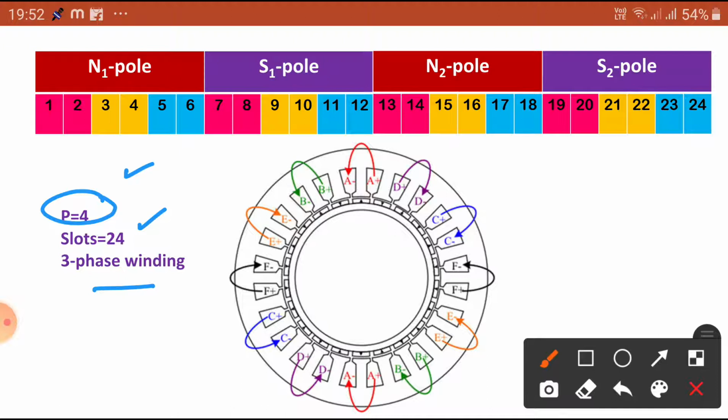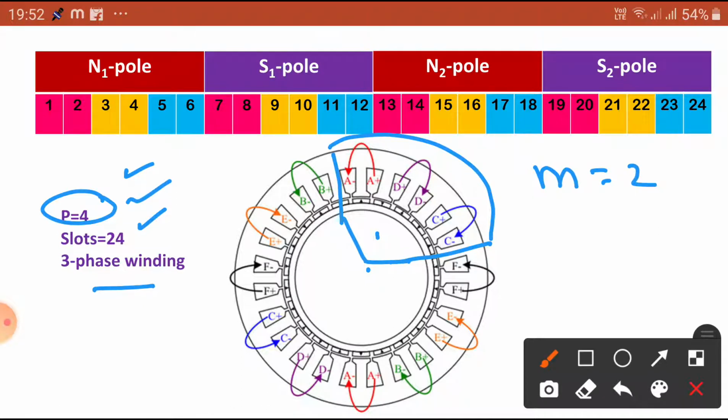Okay. Now, in this case, for example, the 4-pole machine. From this place to this place, let us assume this is one pole influence. Based on these calculations, there are 2 slots for R phase, another 2 slots for the next phase, and another 2 slots for the third phase.